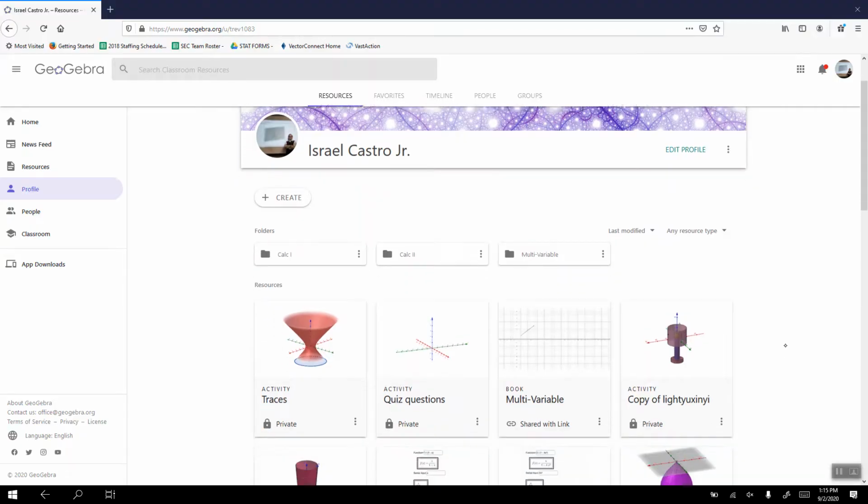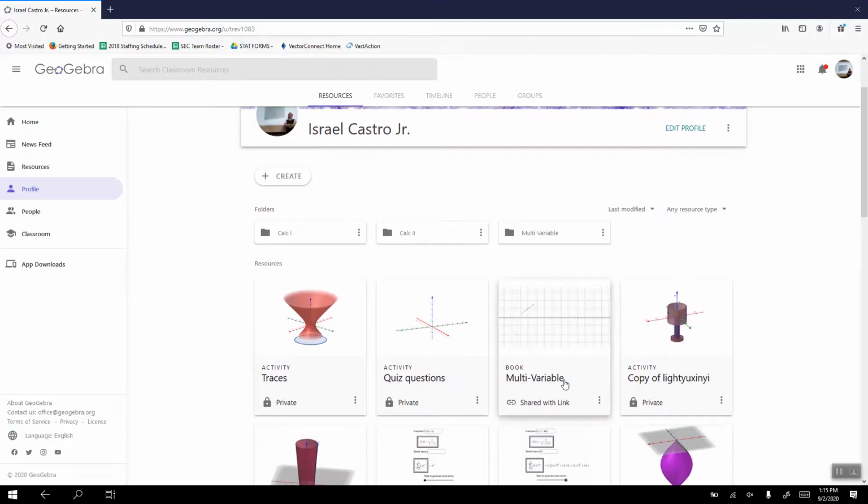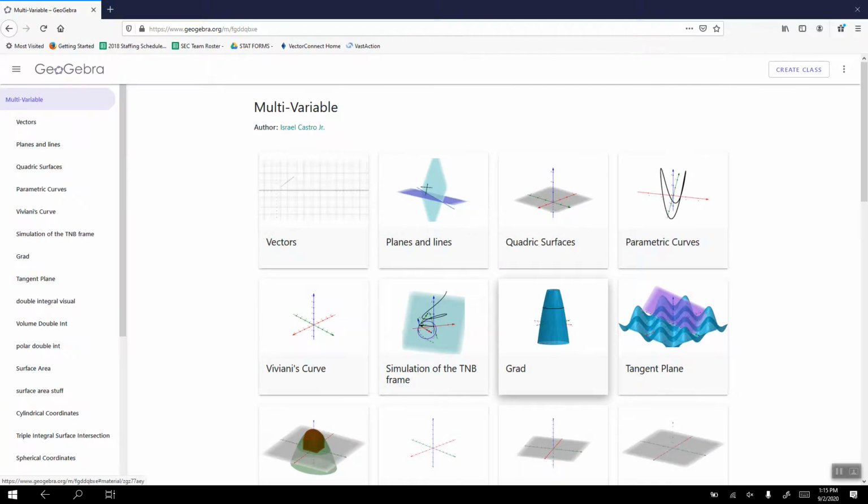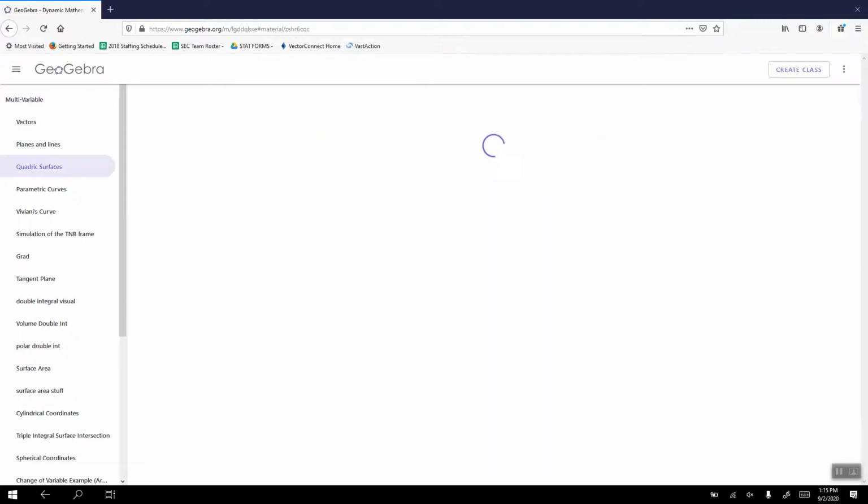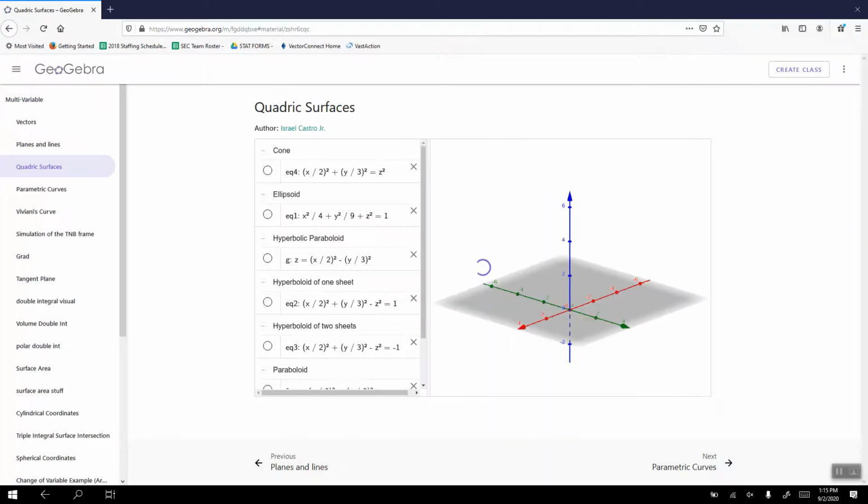Okay, so here we are on GeoGebra. Your multivariable calculus book that I have on GeoGebra, I gave you all the link access to that book that I created. And one of the applets here is the applet of quadric surfaces.